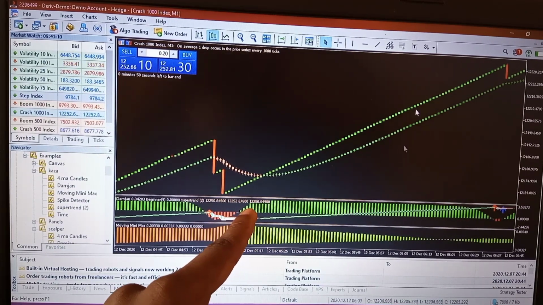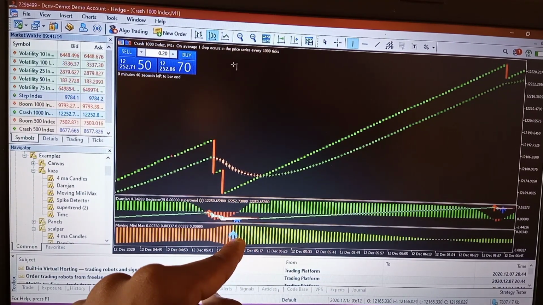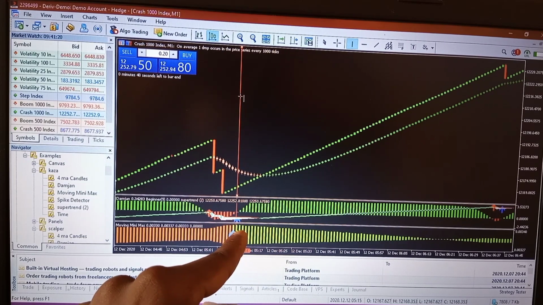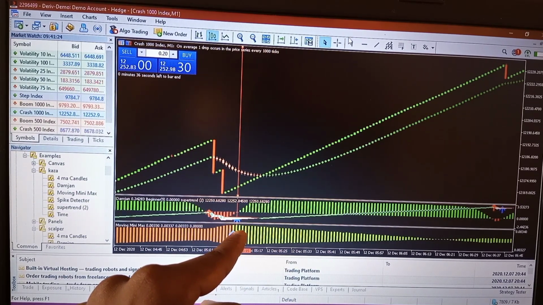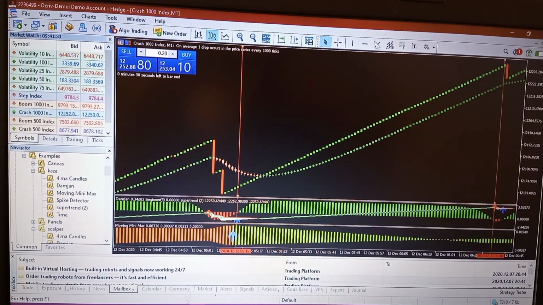Let me just do something. For example, here is where the green moving minimax starts, and it ends somewhere here.